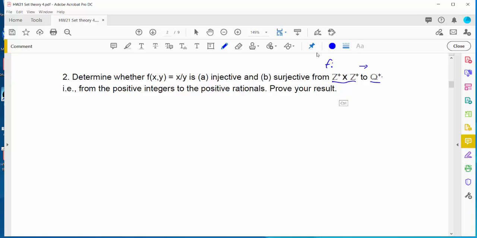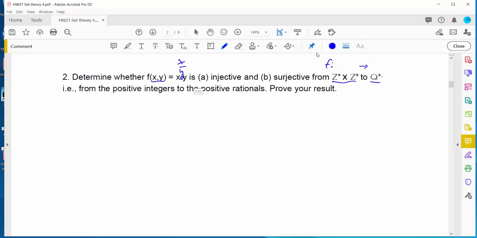So the function takes the ordered pair (x, y), which is what you're going to get when you're thinking about a Cartesian product, to the ratio or fraction x over y.